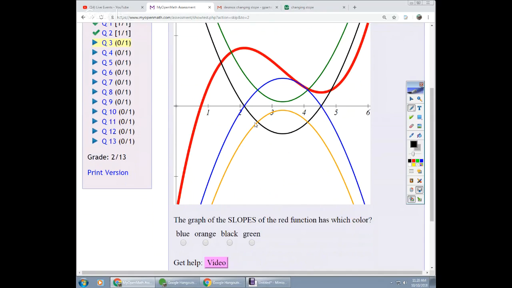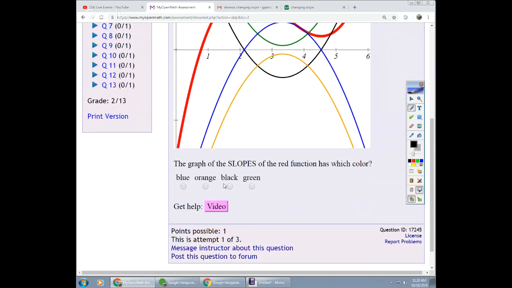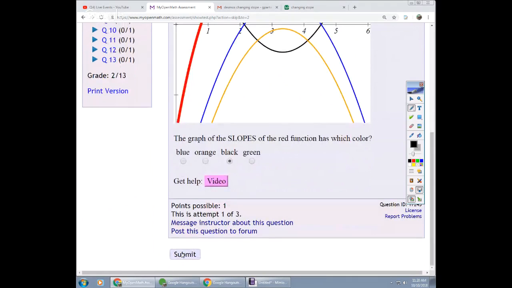And then between 2 and 5-ish, your function should have negative slopes. After 4.5-ish, your function should start having positive slopes again because it's giving me positive y values. Yeah, I'm pretty sure it's the black one. Yeah, pretty tricky. All right, let's try one like that.